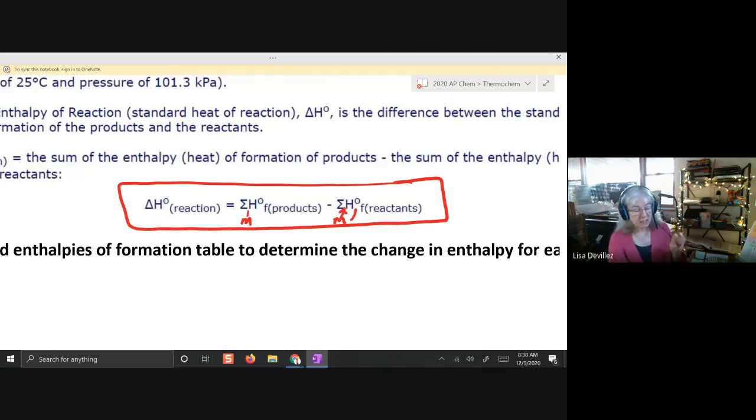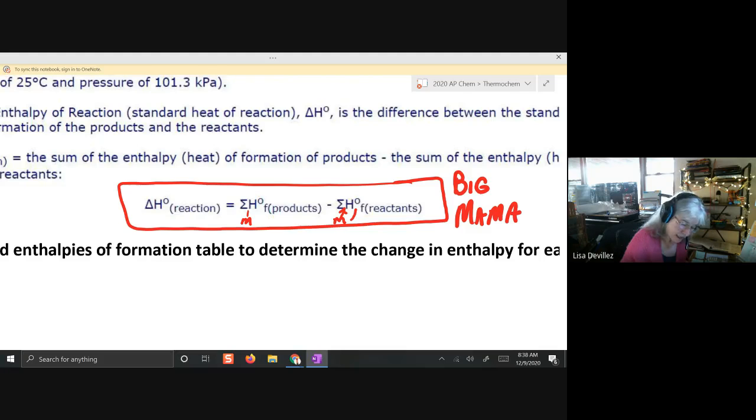Because this equation is, we'll use it a lot, with delta H's, and in the future we'll see delta S and delta G. But this is what we refer to as the Big Mama equation. When we talk about Big Mama, we just mean the sum of the product values minus the sum of the reactant values. That's Big Mama.